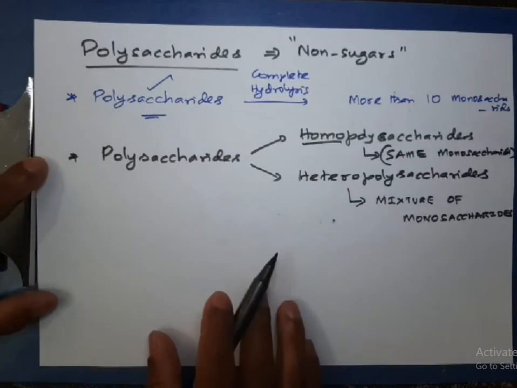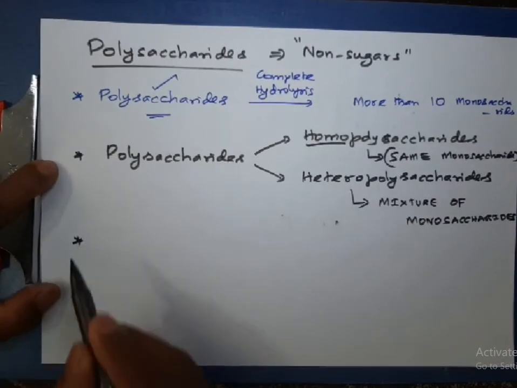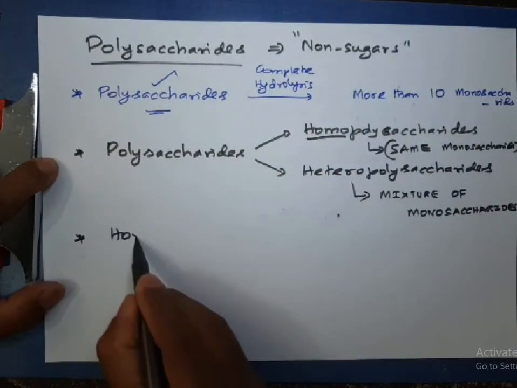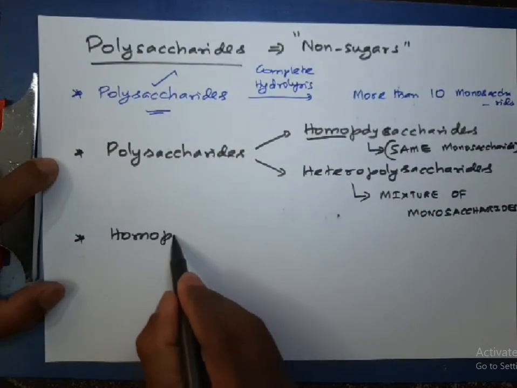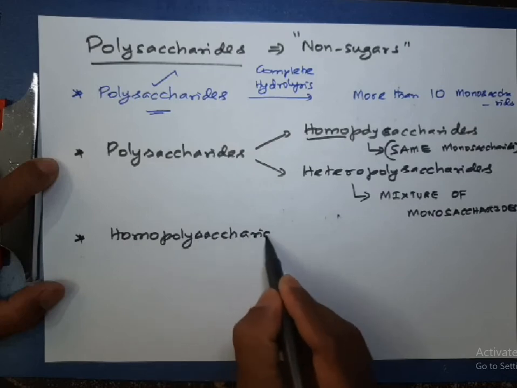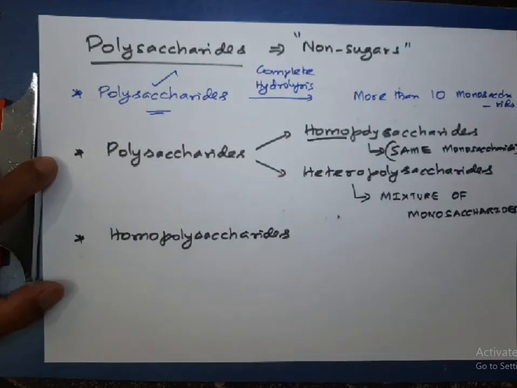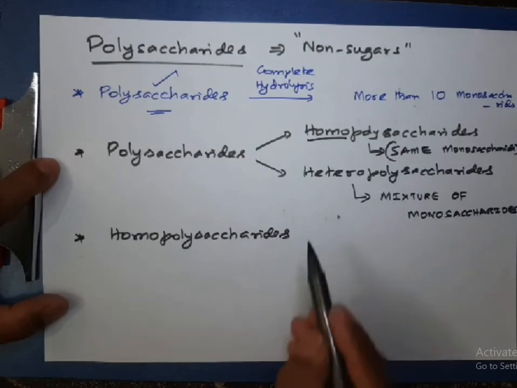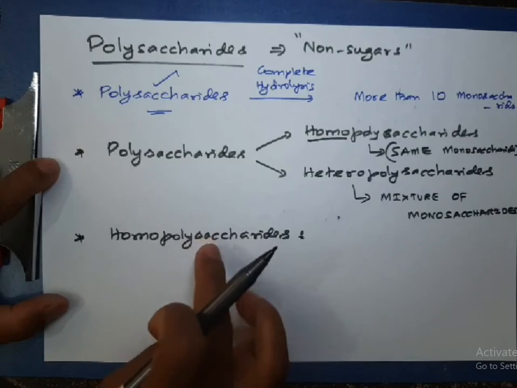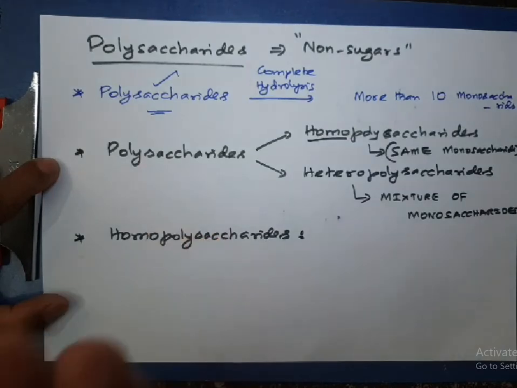Here we are going to focus only on homopolysaccharides. As I told you before, homopolysaccharide means if you hydrolyze this polysaccharide, you will get only one type of monomeric unit.